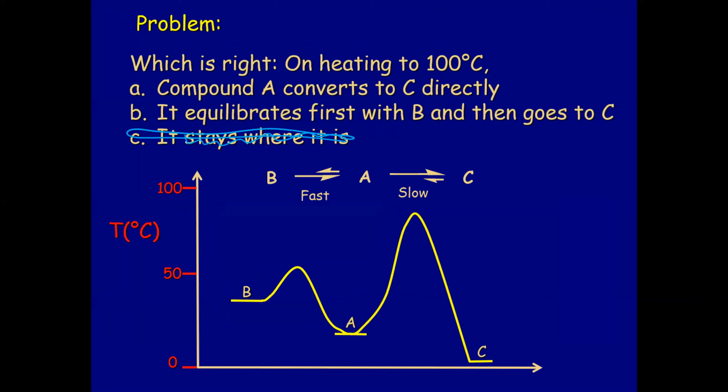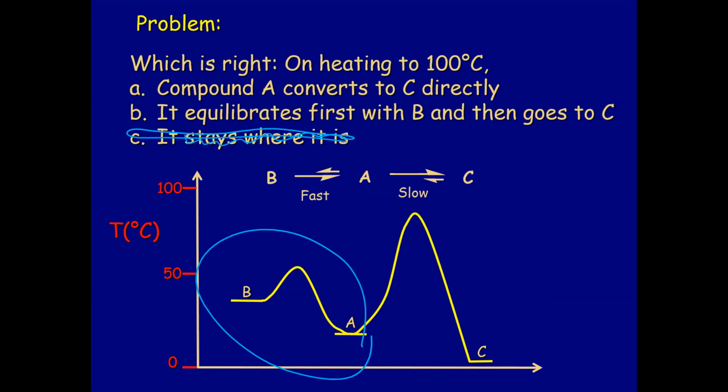Then it's either it's going to convert to A, or it's going to equilibrate first with B and then go to C. And in fact, in any reaction, this is what happens. First, you have an equilibrium for the first reaction, and then you use the product from the first reaction to go to C. Because at any temperature lower than 100, there will be an equilibrium between the two.